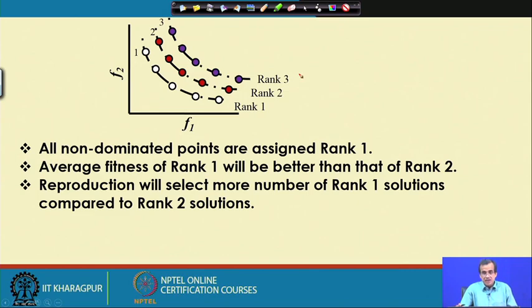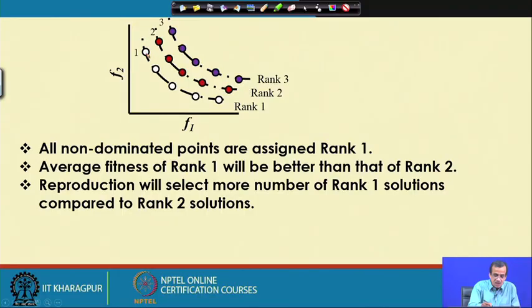Now, actually the reproduction operator will try to select more rank 1 solutions because their average fitness is better. So, there is a possibility that in the mating pool I will have more rank 1 solutions, and they will participate in crossover and mutation. There will be diversification of the solutions, and there is a possibility that I will be getting better and better solutions.